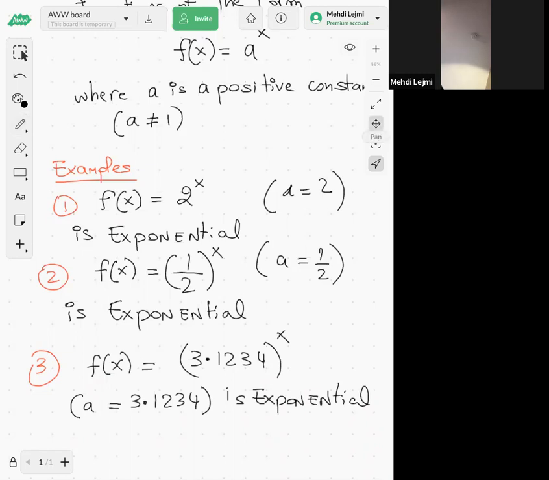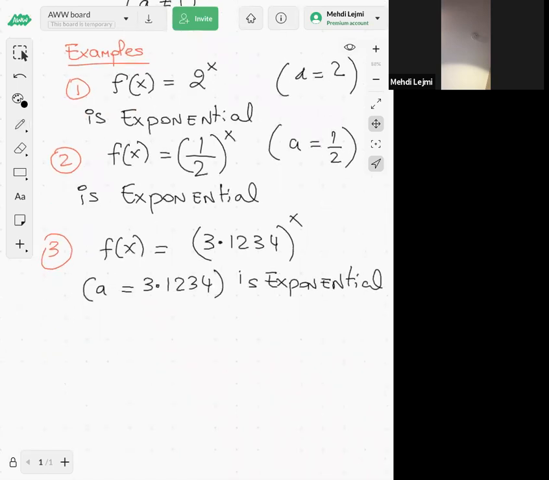Now, if your A is equal to 1, the problem with 1 is that f of x equals 1 to the power x, so A is equal to 1, but 1 to any power is equal to 1.